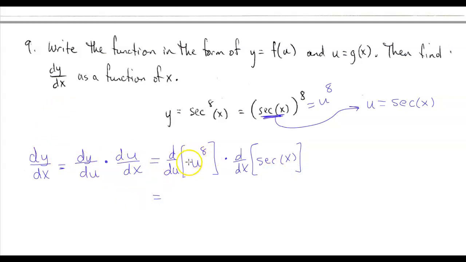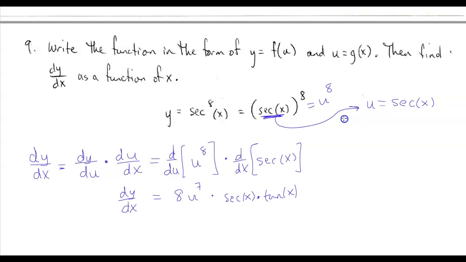So if I do that for this first factor, I know that u raised to the 8, I take the derivative of it, is just 8 times u raised to the 7. I also know that the derivative of secant is just secant x times tangent x. But of course here I have my derivative of y with respect to x in terms of u and x, but I just need it in terms of x.